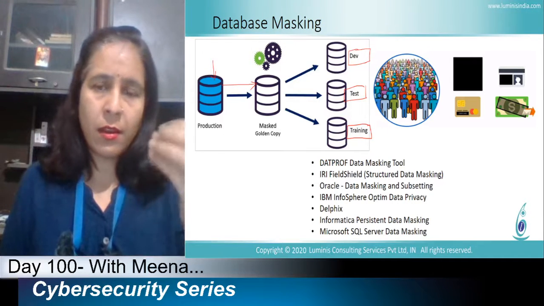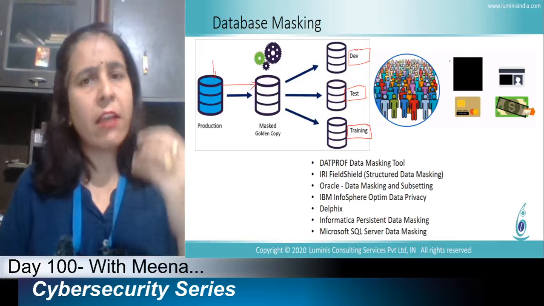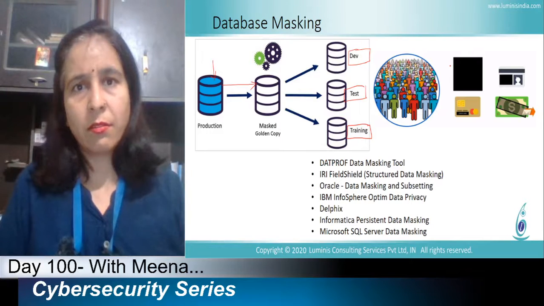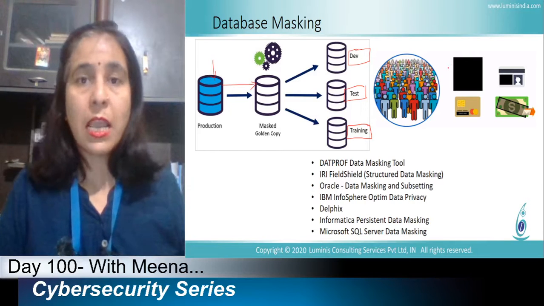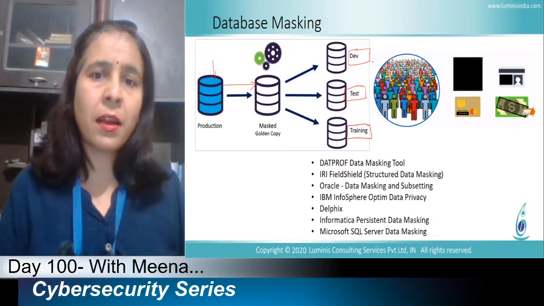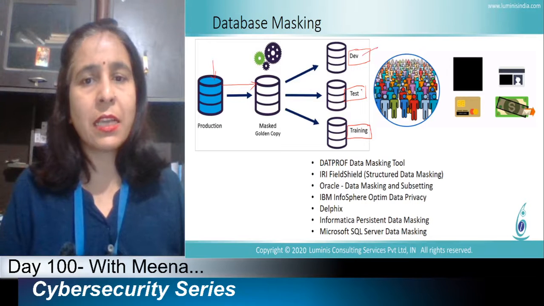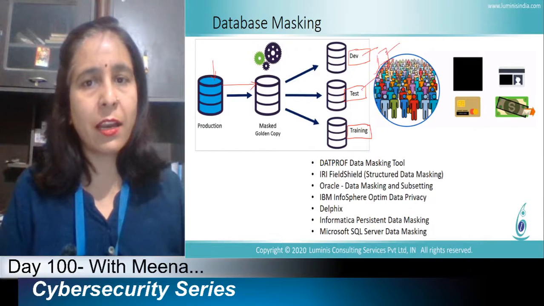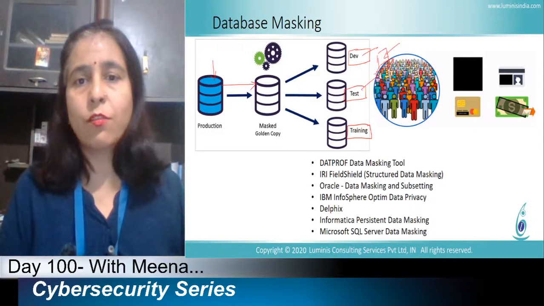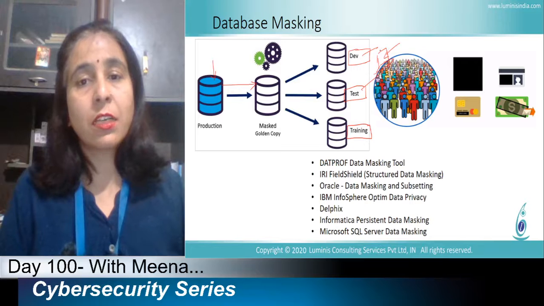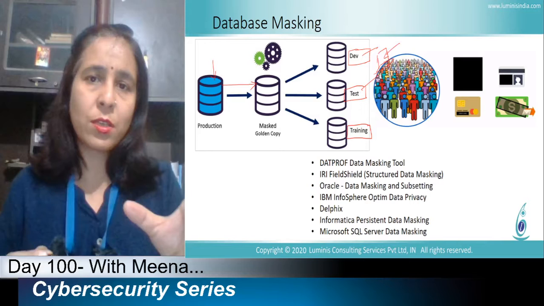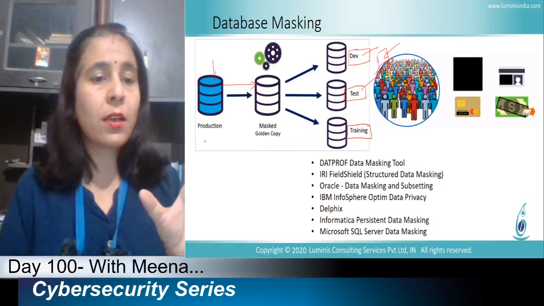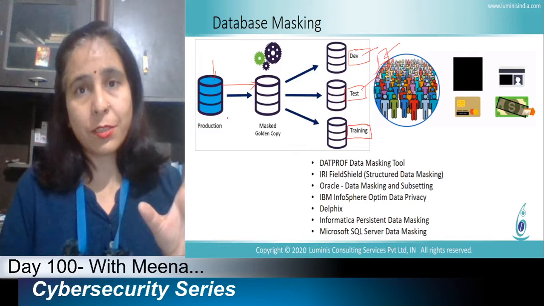In this way, if somebody has access to it, they do not have the complete information. And if, for example, someone in the testing department is using a malicious tool and the hacker collects the information the testing team is using, they are not getting the right information stored in the production database.